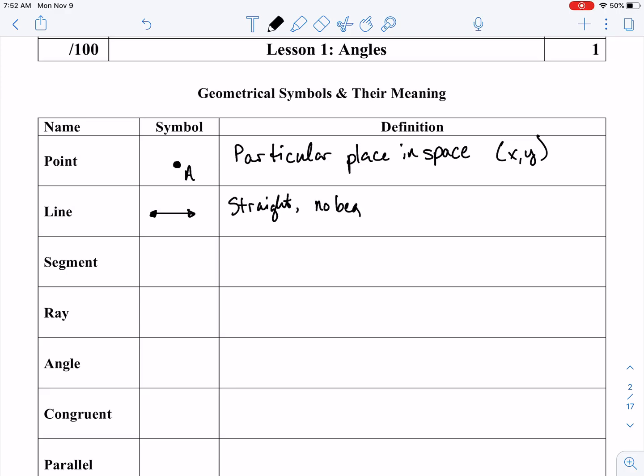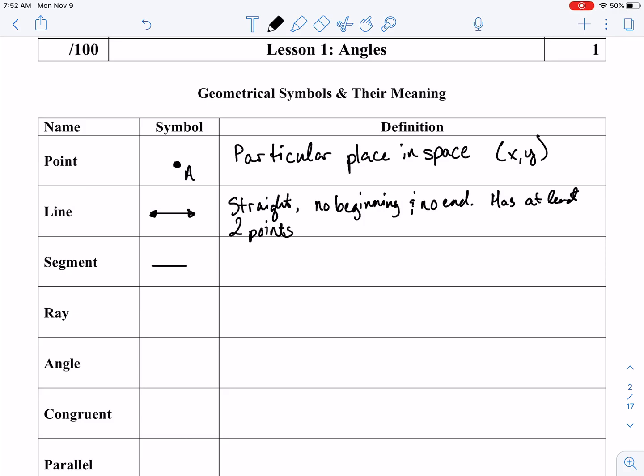No beginning, and no end. And a line is made up of, or has, at least 2 points.